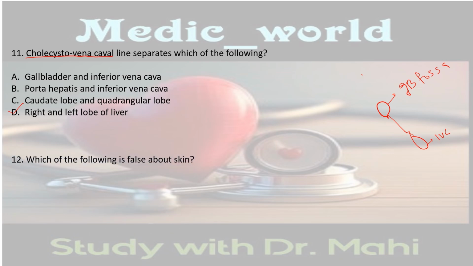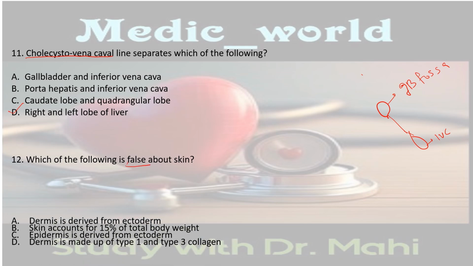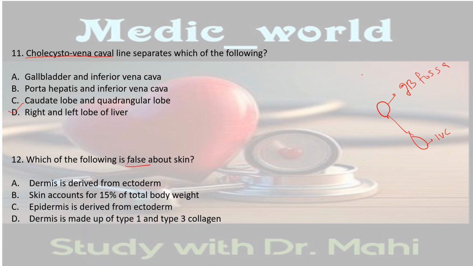Now the next question, which of the following is false about the skin? The options are dermis is derived from ectoderm. No, it is the false statement because dermis is derived from mesoderm.